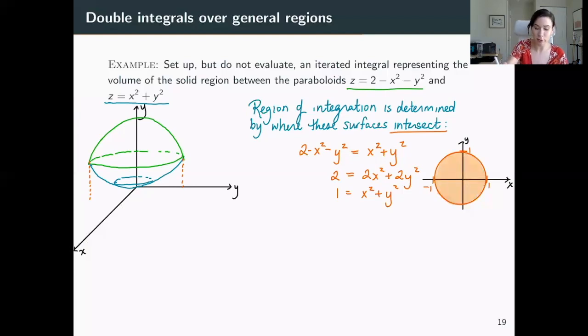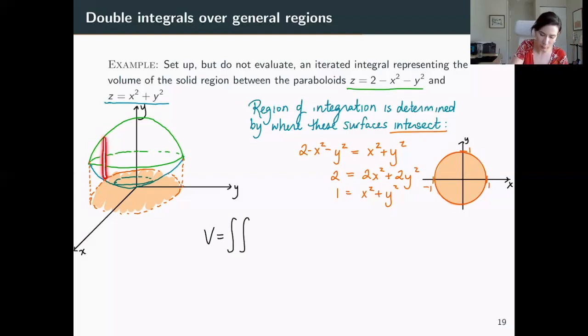Because if I project this down onto the xy plane, what I am getting is going to be the circle that's seen over there. So trying to draw this out, the region here is what we are integrating over. So now if we want to set up our volume integral, we're saying the volume is going to be some iterated integral.